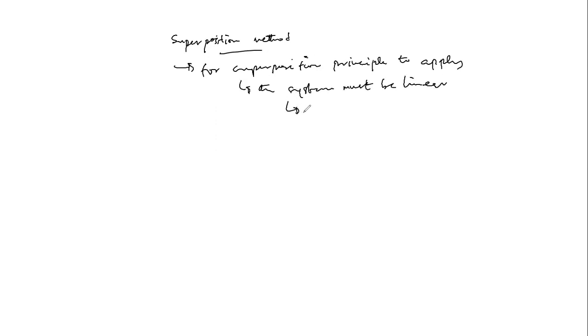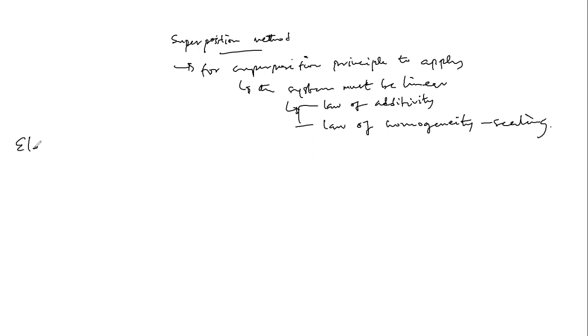And for the system to be linear, it must obey the law of additivity and the law of homogeneity. Okay, it's the same thing as scaling.